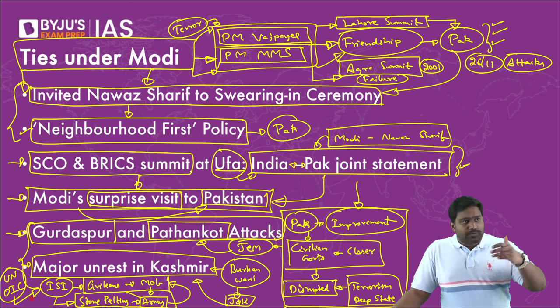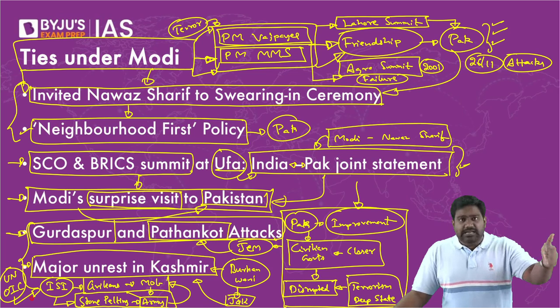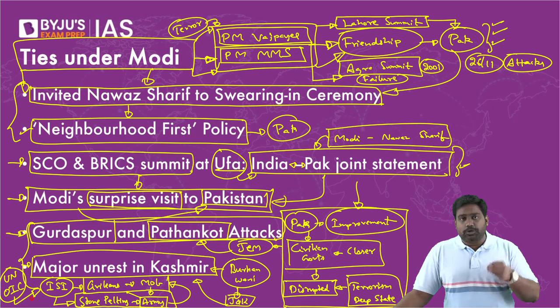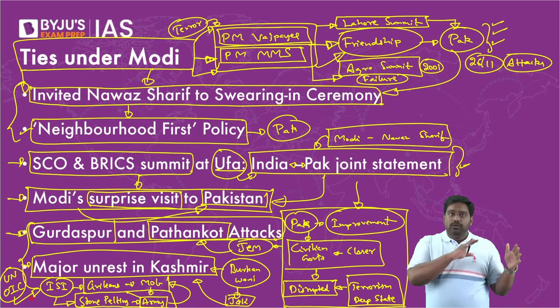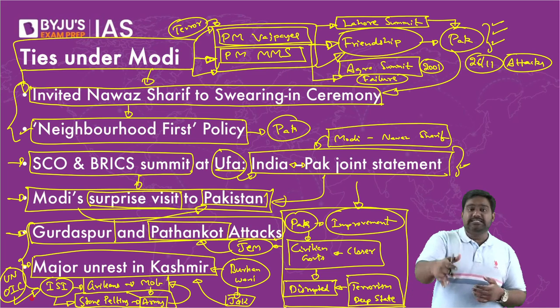Because when forces open fire, even if they fire rubber bullets or pellet guns or tear gas, there will be injuries. In close quarters, there could be death as well. If women, children, or old people who are civilians get injured or killed, right, the pictures and videos don't look good. Even though it's a necessity for the forces to protect themselves, Pakistan will use the opportunity to allege that human rights violations are happening, that Indian forces are targeting civilians.